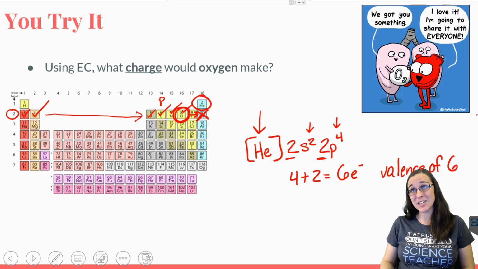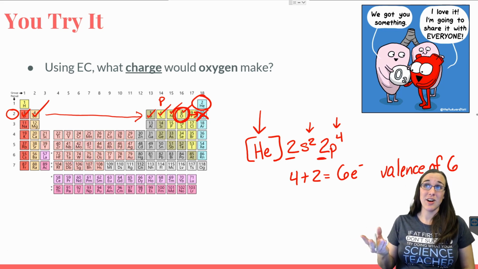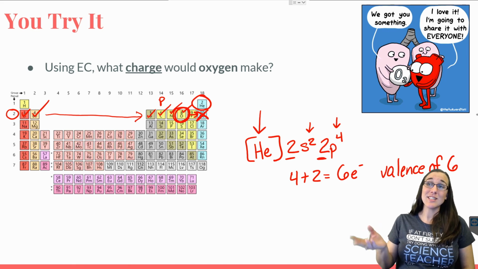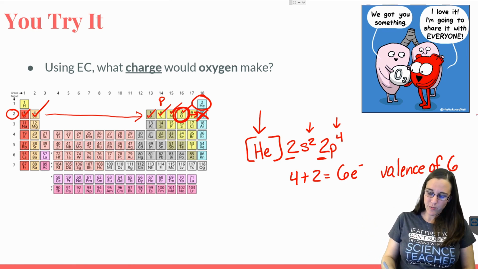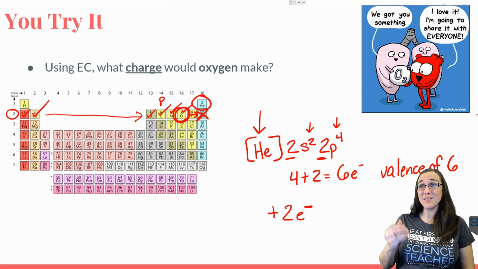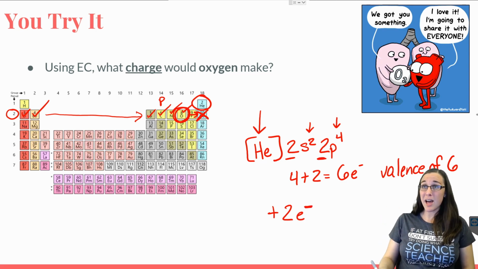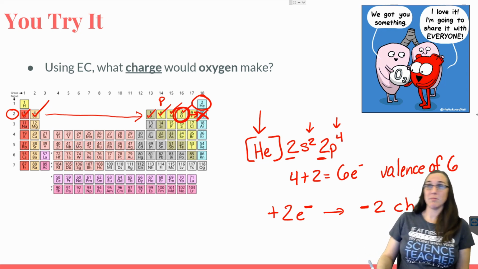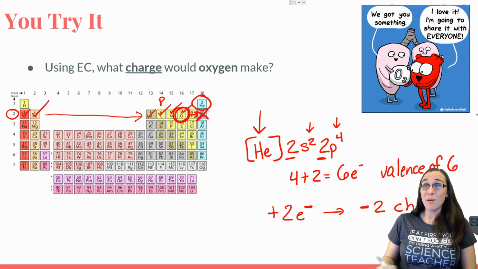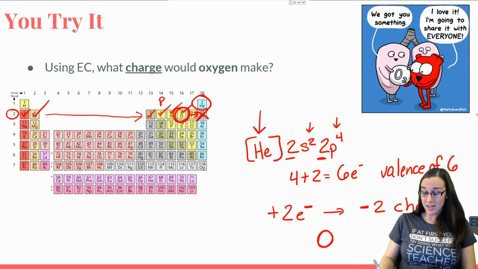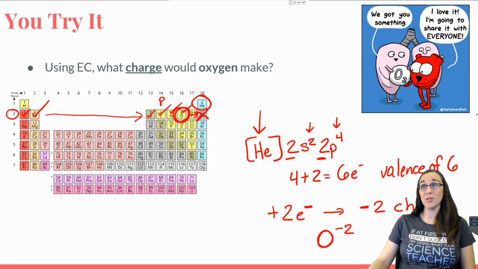It would be easier to gain 2 electrons to get to 8 than to lose 6. So if we are gaining 2 electrons, things that are negatively charged, we are becoming negative 2 charge. And we would write that as oxygen negative 2. That would be the charged version of oxygen.